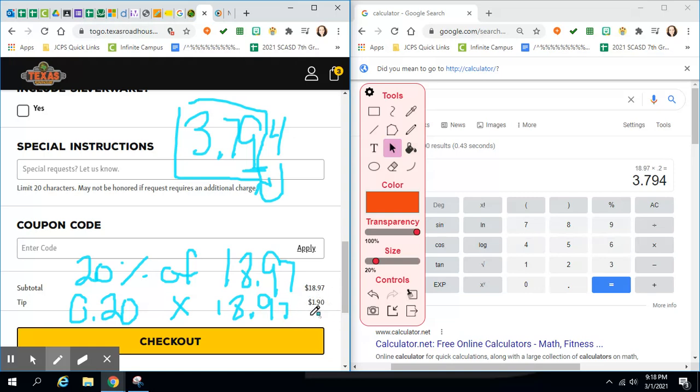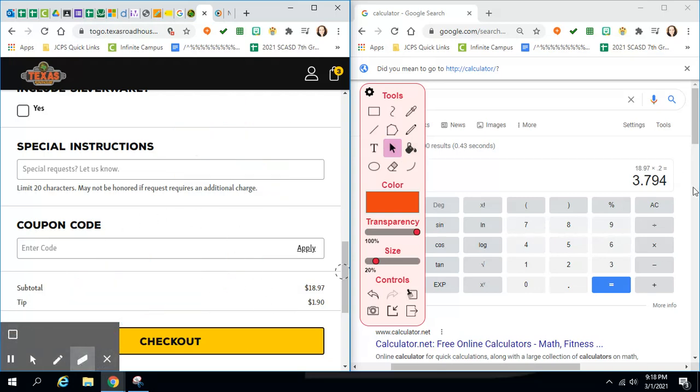Okay. And a little trick for finding the tip, a lot of people, including myself, instead of using a calculator like this, I typically don't. What I normally do is I would look at that number, the subtotal, and I know that 10% is really just moving that decimal over. So I know 10% is 1.897, right?